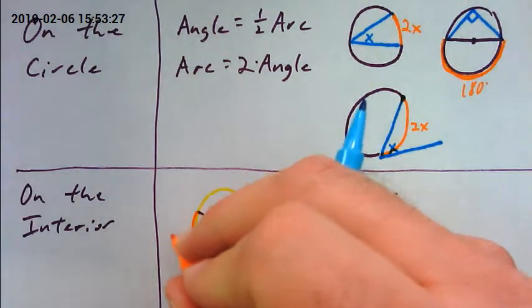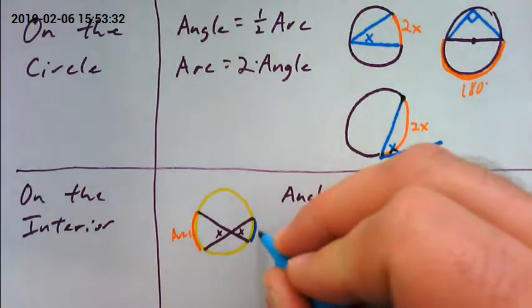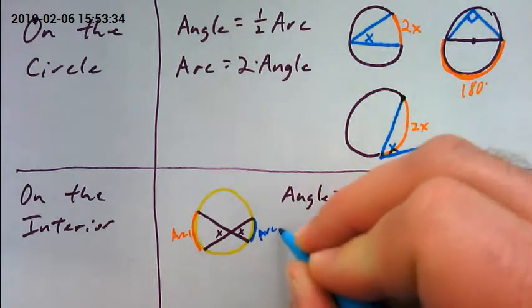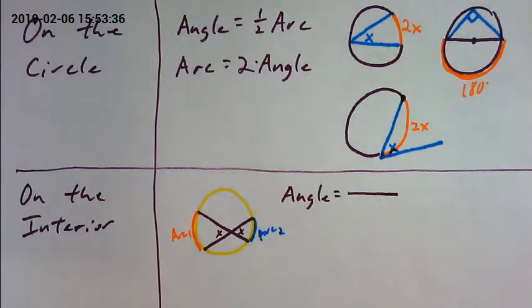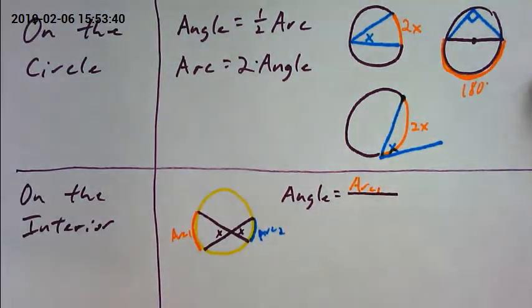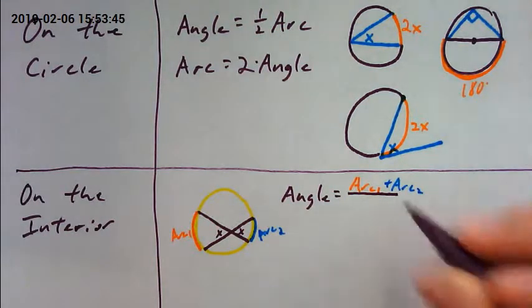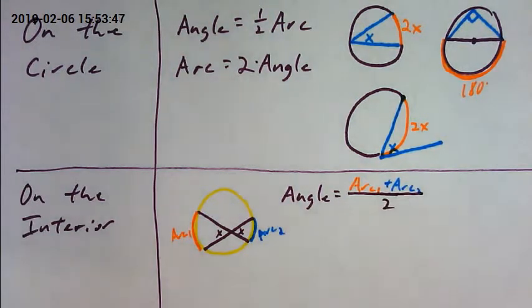So I'm going to call this arc 1 and arc 2. So arc 1 plus arc 2, divided by 2. Yeah, that's going to give us that angle measure.